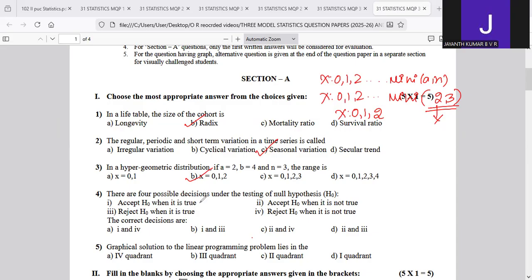So options 1 and 4. Yes, options 1 and 4.